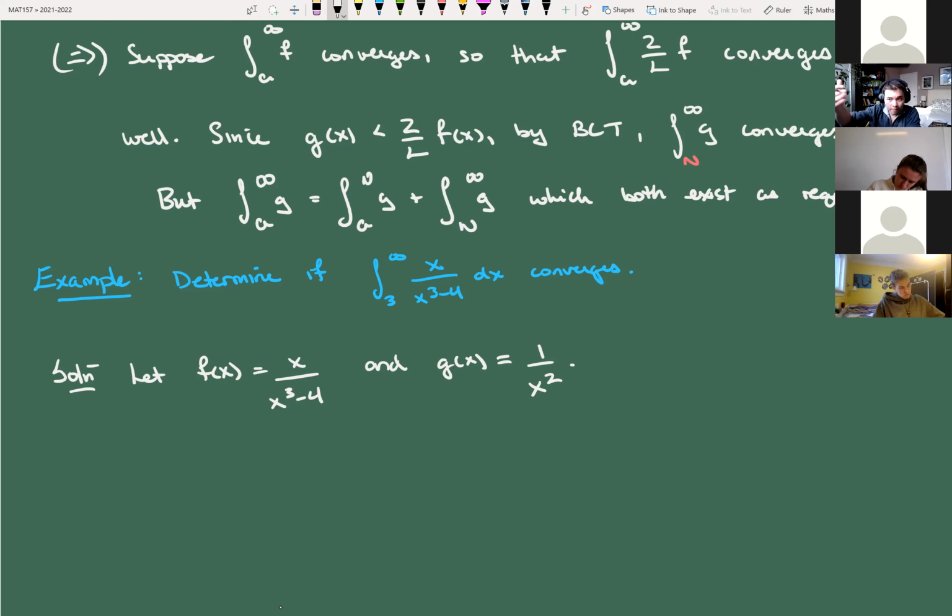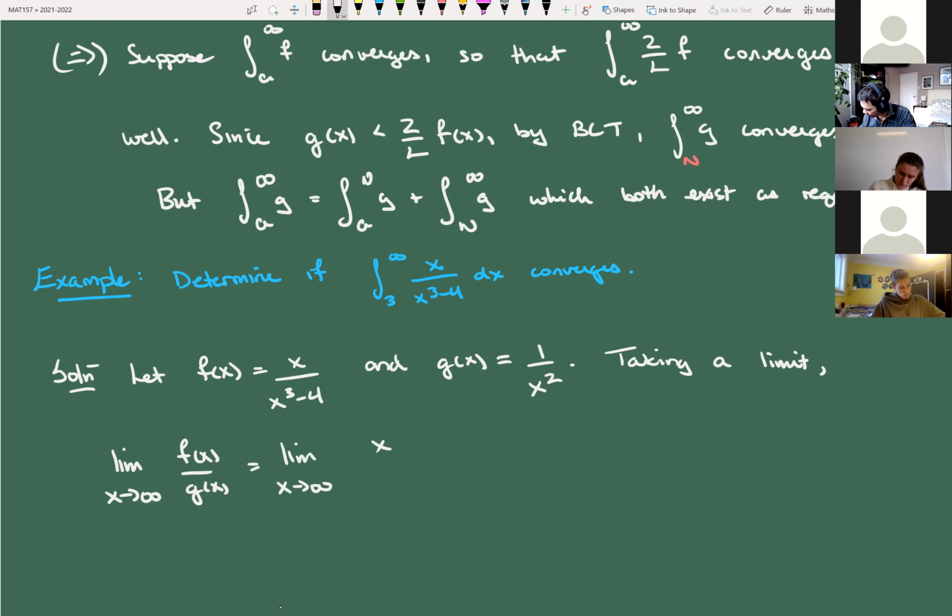Now, remember, in order to be able to apply the theorem in the first place, we have to, quote unquote, show that these things behave the same as we go to infinity. Namely, we have to take their quotient and take a limit of that quotient. So taking a limit, we're going to get the limit as x goes to infinity of f over g.